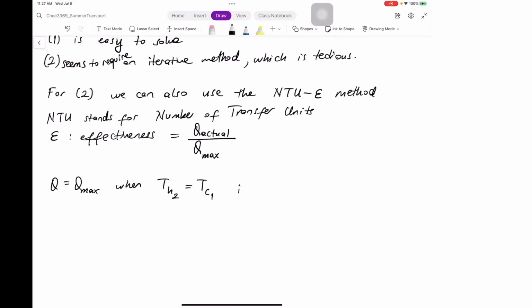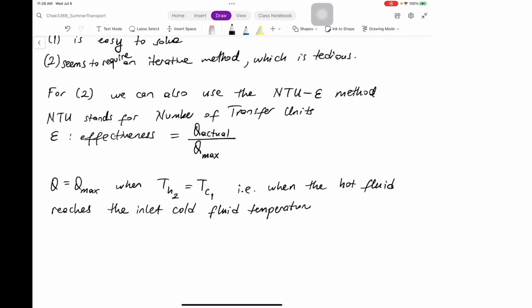In other words, when the hot fluid reaches the inlet cold fluid temperature, which is never going to be the case, but it's just an idealization to see what would be the upper bound for the Q. Or T cold 2 is equal to T hot 1.